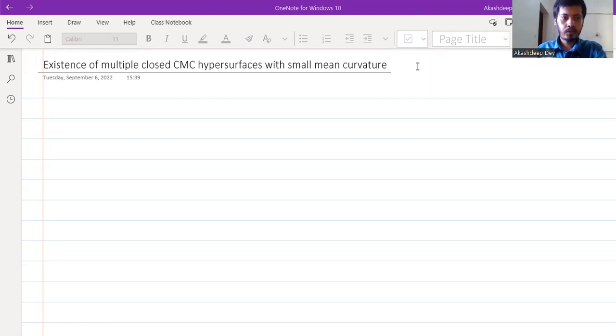So I'll talk about the existence of multiple closed CMC hypersurfaces with small mean curvature. Throughout the talk, (M^{n+1}, g) will denote a closed Riemannian manifold.